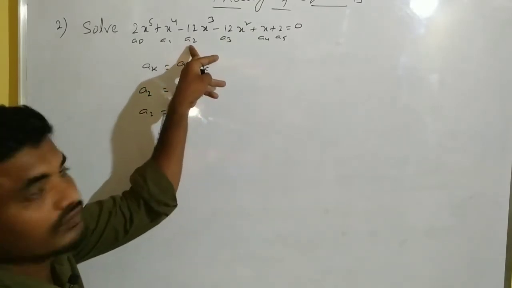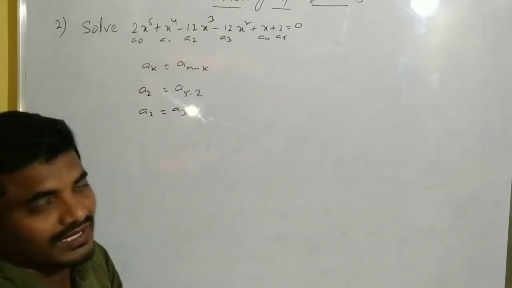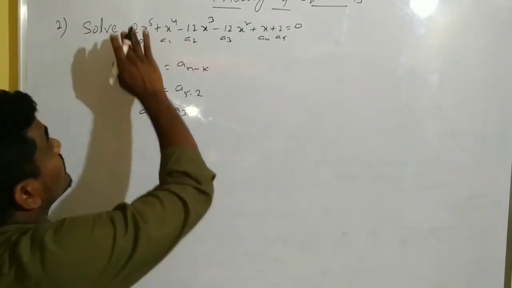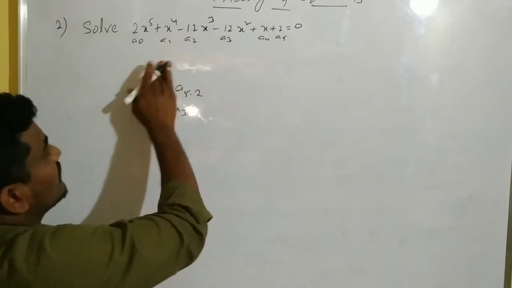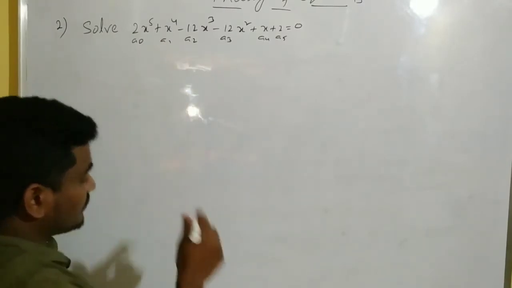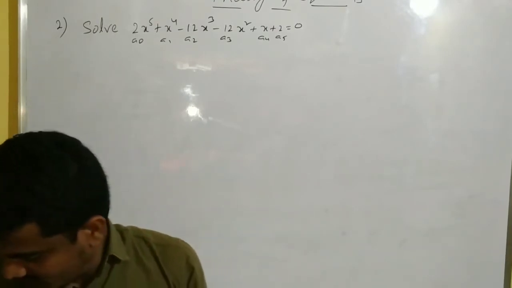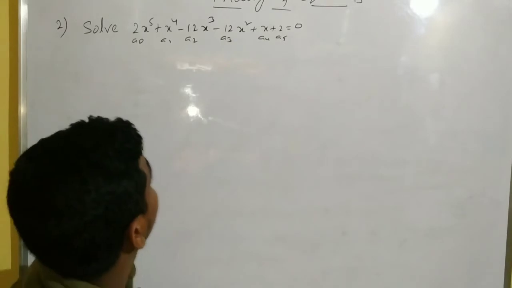Here a2 is minus 12 and a3 is also minus 12, so it is a class 1 equation, and it is an odd degree equation. Class 1 and odd degree equation means the root of the equation is minus 1.